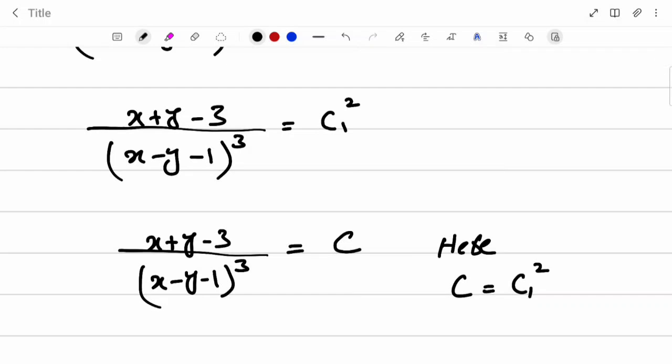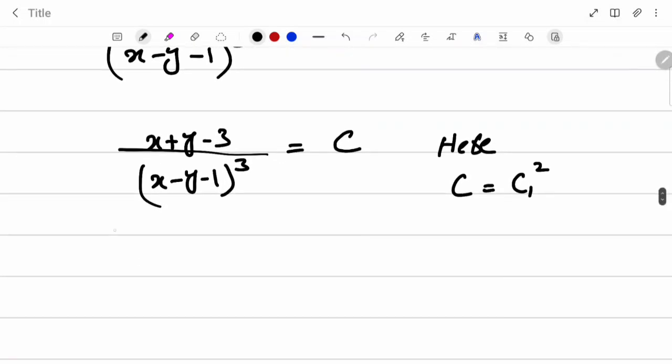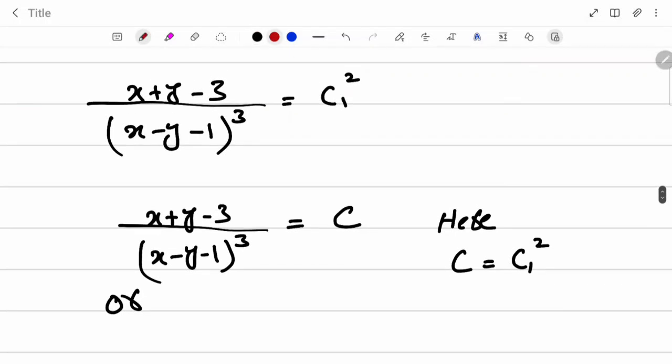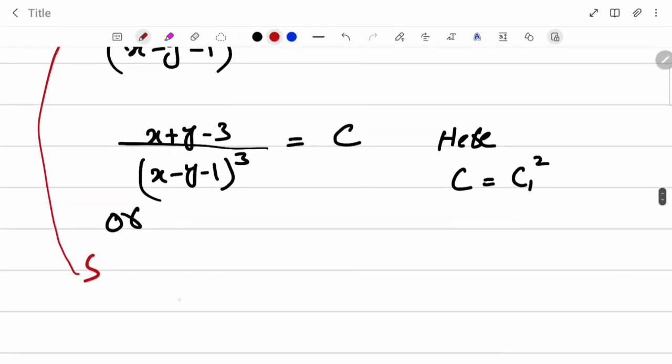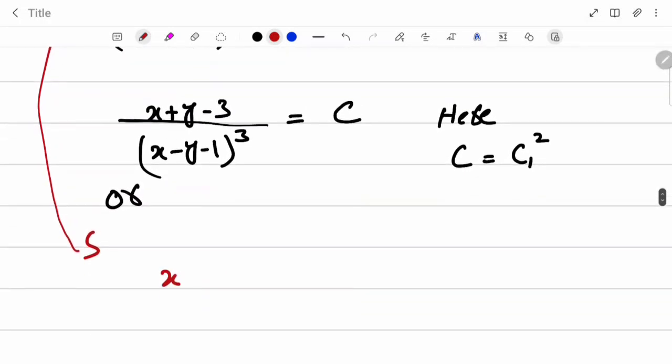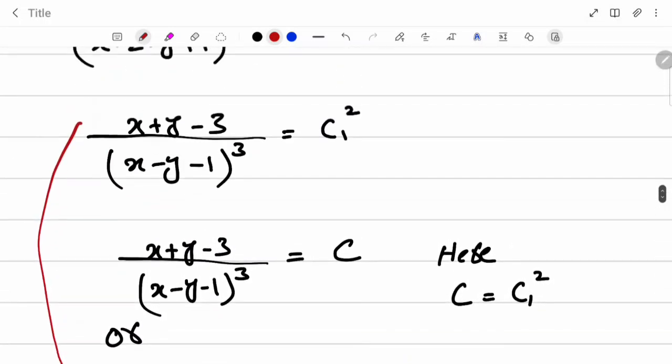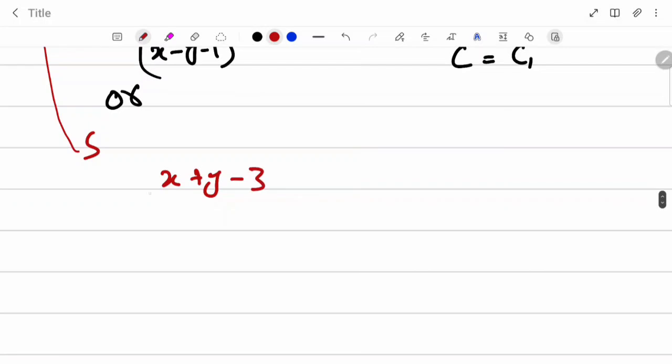Hope everybody gets the point. Again, remember the simplification of the equation can be different for different people. I can flip this with a negative sign and write another answer. Just check out, there is another way of writing the answer.